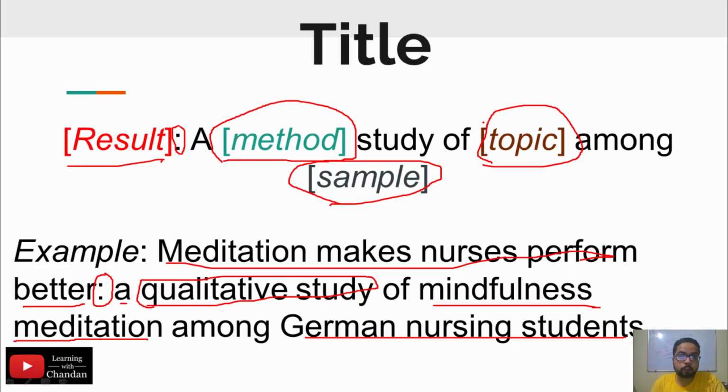You have told your topic, your method, your sample size, and you have also told your result. See the beauty of this. In this one single line you have told 4 things to them. So by using this trick you can write very good titles.